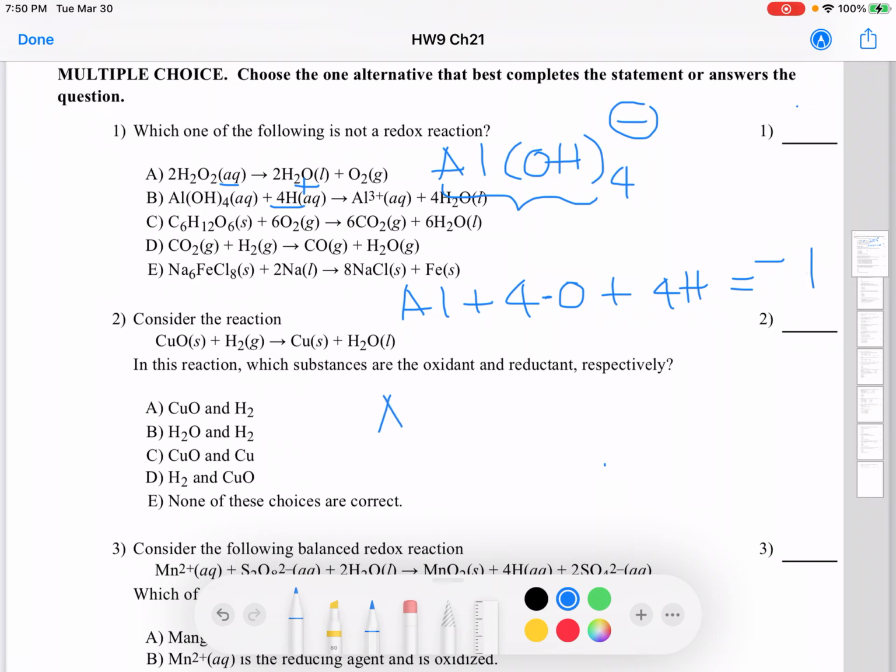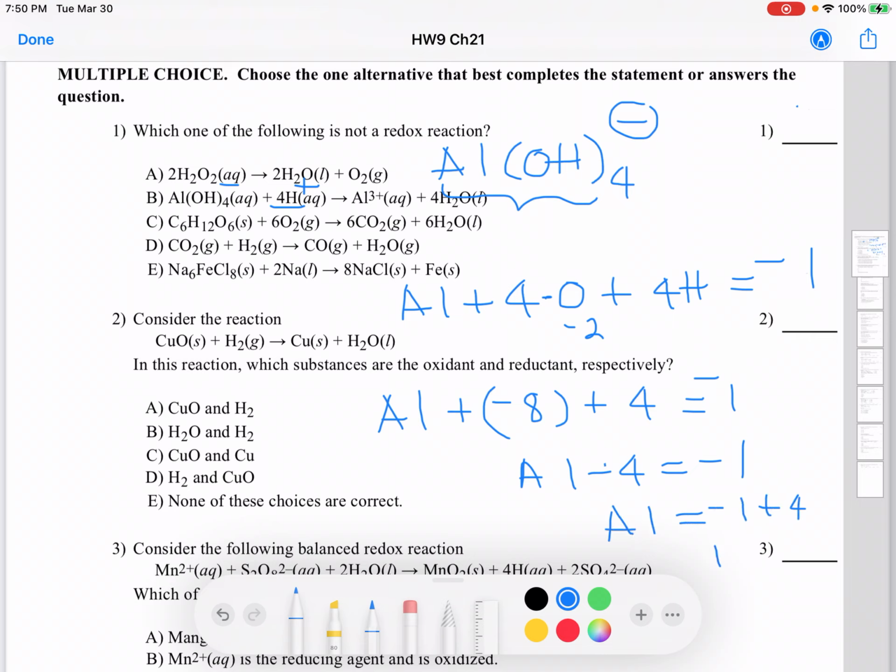Aluminum we don't know, that's what we're trying to find, but oxygen is -2, so -2 times 4 is -8. Hydrogen is +1, so 4 times +1 is +4. So -8 plus 4 is -4, which equals -1 plus the aluminum. So the aluminum oxidation number is going to be +3.